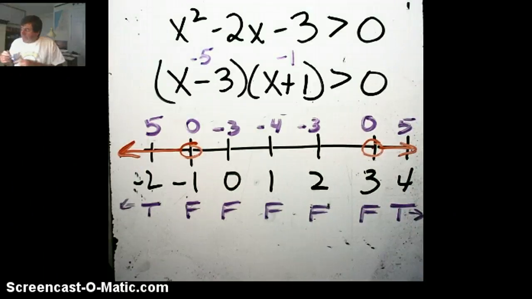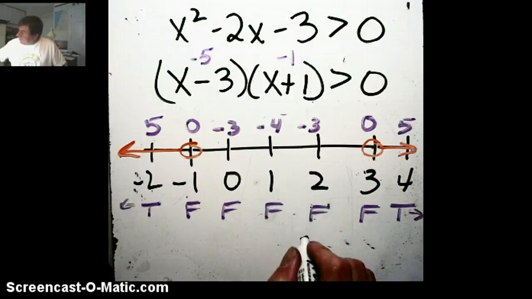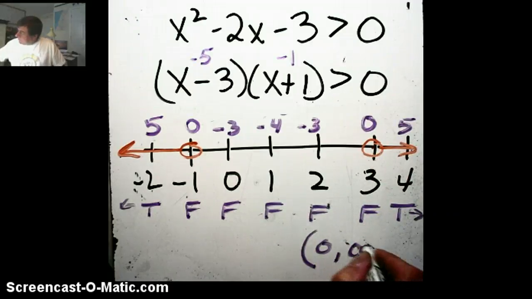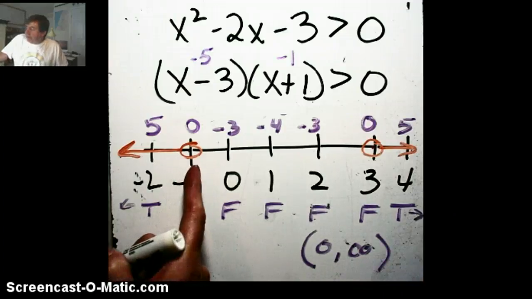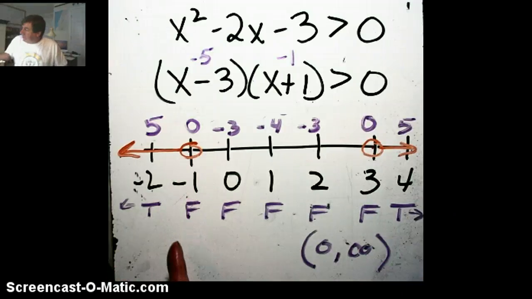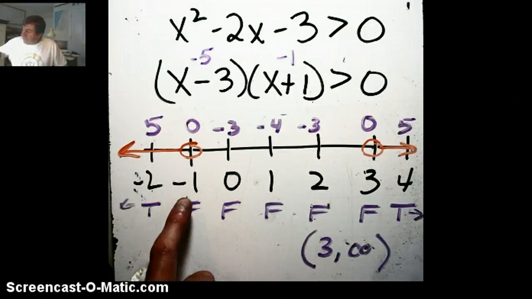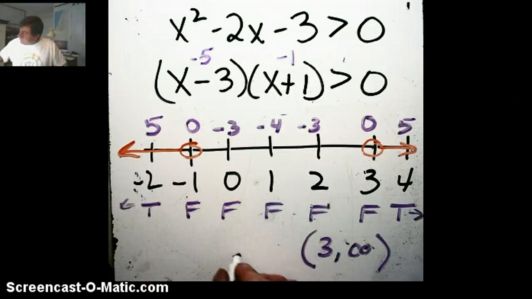So it's a union of two different inequalities. Here x is greater than 0, or can I do this? 0 to infinity. And then here it was, oh, wait a minute, I had that wrong. That's a 3 right there. Alright, sorry, I went too fast there. And then here I have a negative 1 and negative infinity.